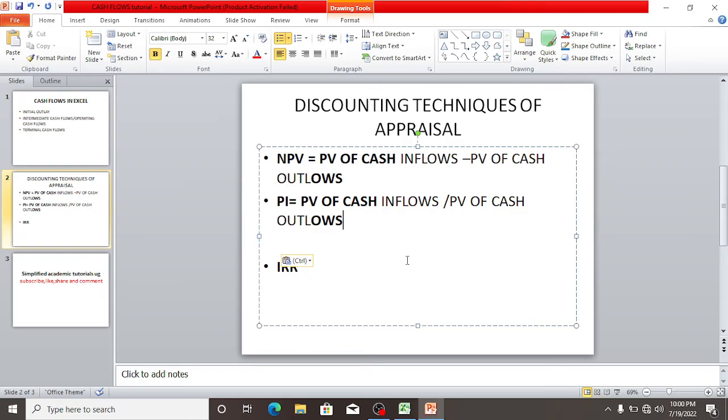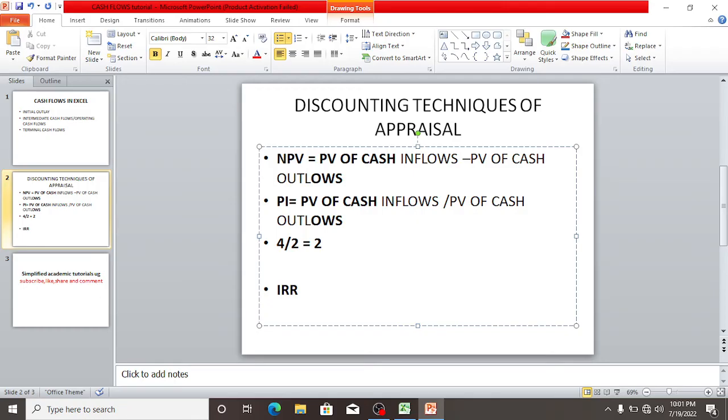So if the present value of cash inflows is equal to 4, and then the present value of cash outflows, I'm just assuming it is equal to 2. What does this imply? The answer will be 4 divided by 2, which is 2.